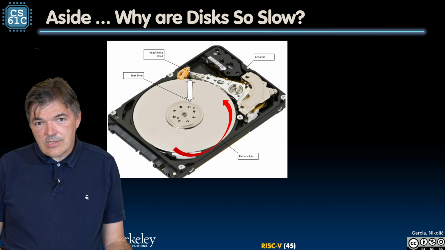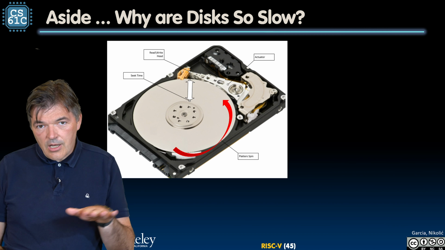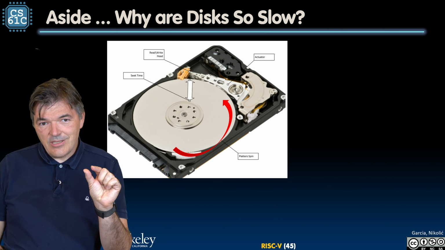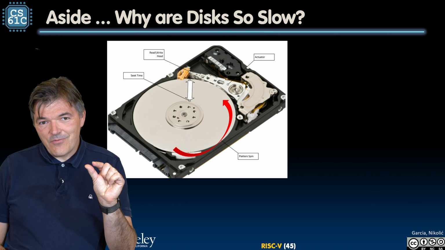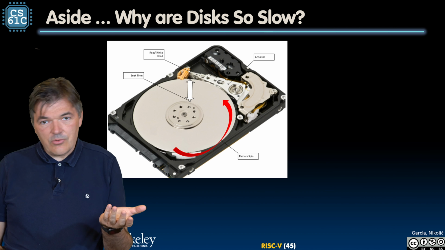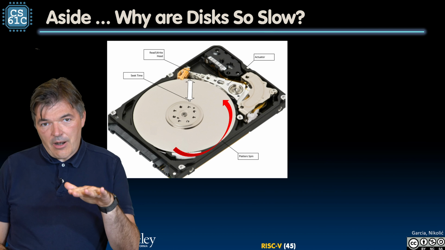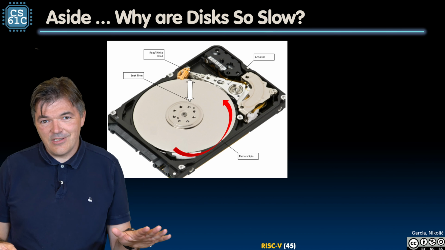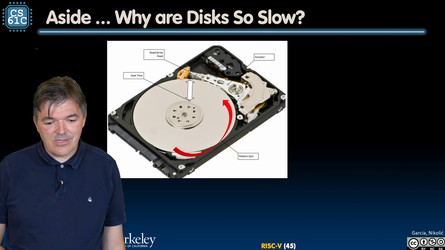Conversely, when it is in read mode, it just hovers over the surface and reads the data. These magnetic domains are so small, a few nanometers on the side, that in order to recognize the bits, this arm flies a few nanometers above the surface. It's really sophisticated technology, pretty crazy stuff.